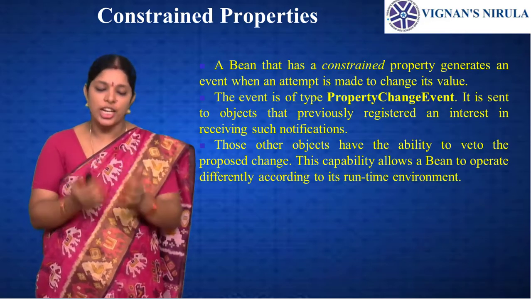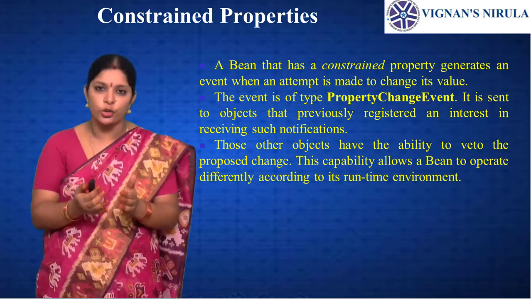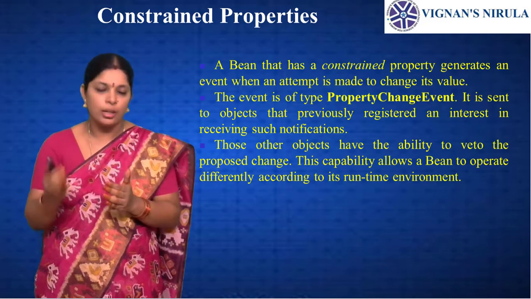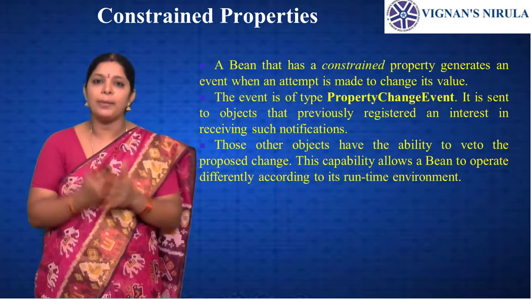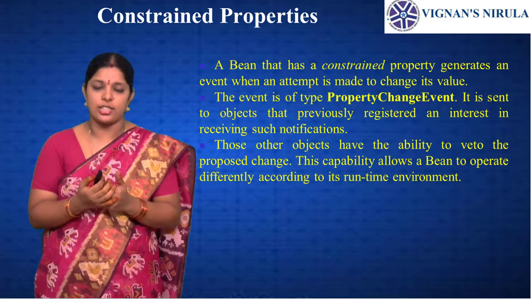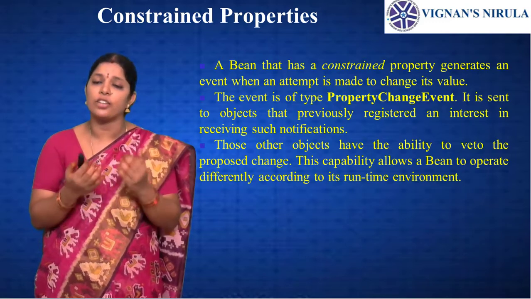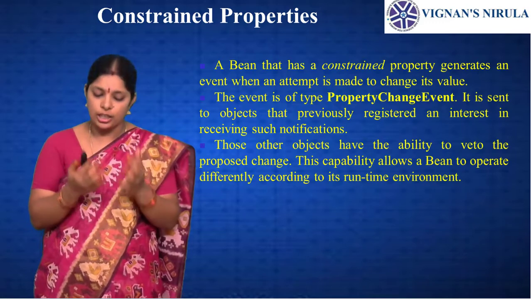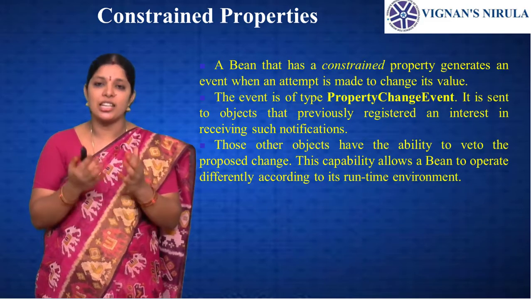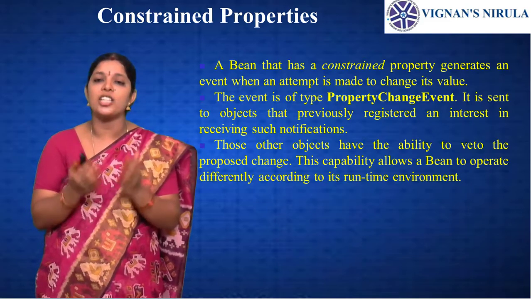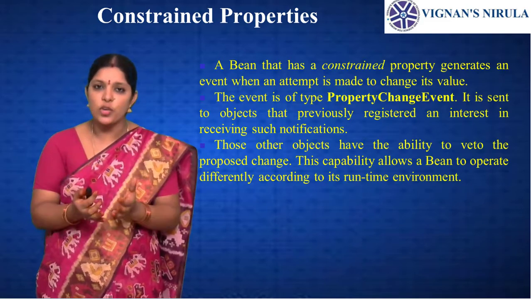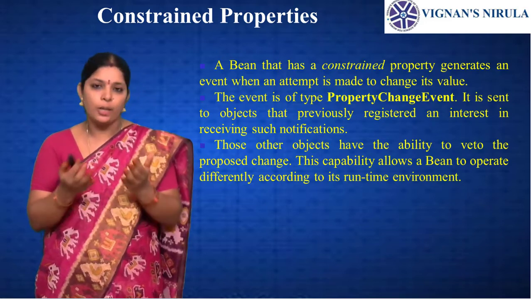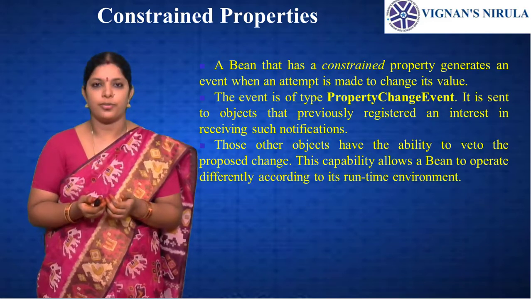Here we can change the properties according to the other properties of a bean, and the other bean may reject the changes. In which situation can it be rejected? If the properties are not appropriate, in that situation the bean can reject the property change.